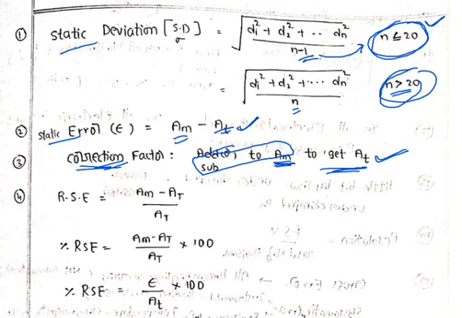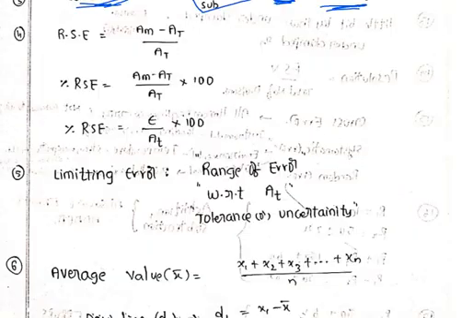Okay, next one, relative static error. Static error means, as we just discussed, measured value minus true value. When it is relative static error, we have to write it with respect to true value. Relative static error is measured value minus true value by true value.